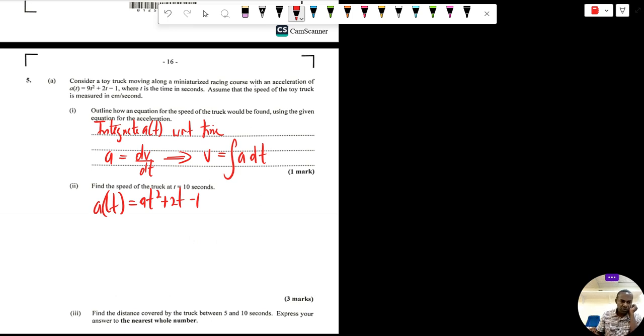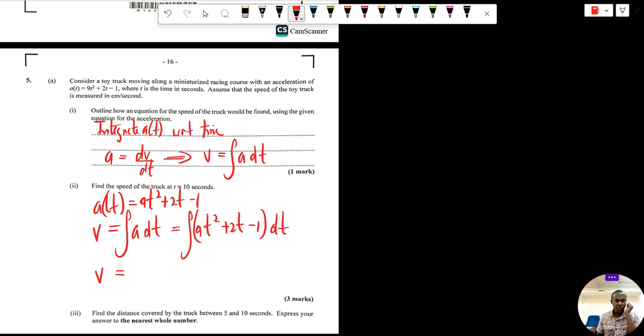Now, first of all, we're going to say that v is equal to the integral of a dt, which of course is equal to the integral of 9t squared plus 2t minus 1, and we're going to integrate that with respect to time. And therefore v is equal to, so the integral of 9t squared, 9 is our multiplying constant, so we keep it.